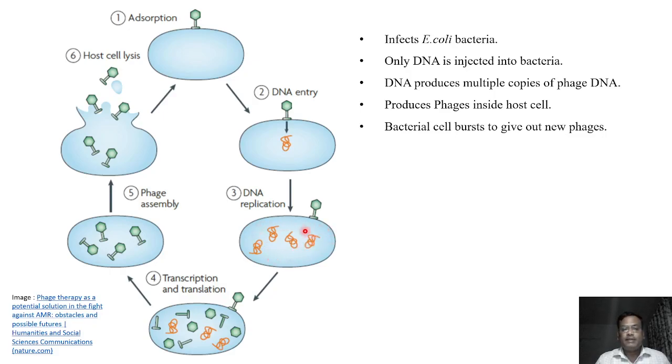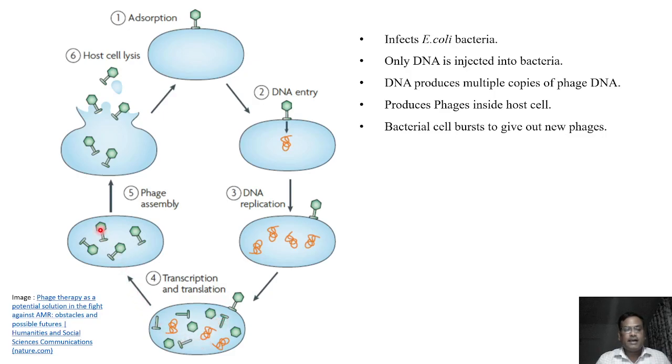Before that, there is a DNA replication. So just assume one phage infects, one DNA molecule is inserted, and once inside the bacteria, it is going to multiply. The DNA is going to replicate into many copies. Once multiple copies of DNA are formed, the parts of the phage are going to be synthesized.